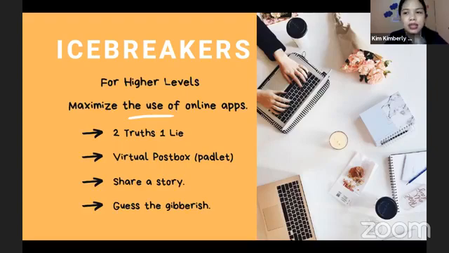I not only asked them to write something about themselves, but I made sure that the sentence they are writing follows the sentence structure that I require them to use. Alright? So teachers, this can also be used in other subjects. You can just alter it to fit your needs.